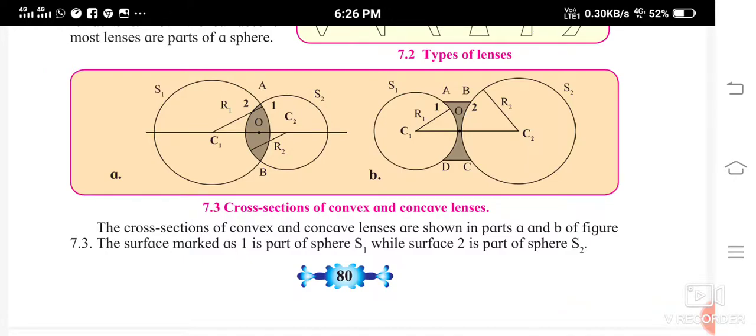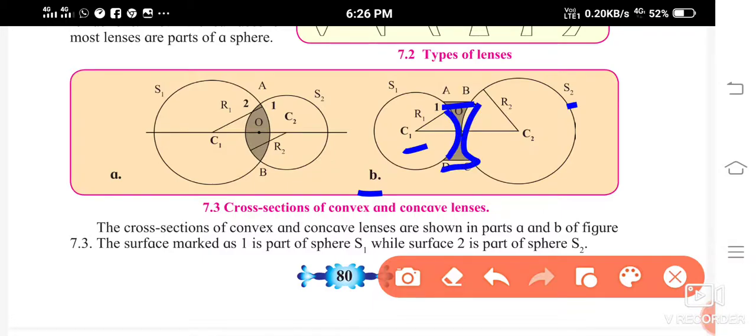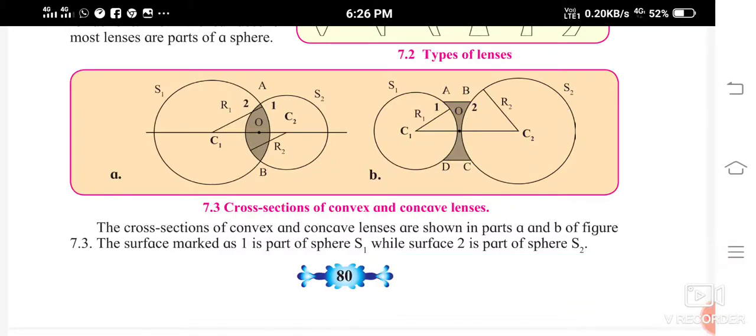Now here you can see in this figure, okay, in figure B, this is the sphere S1, that is the smaller sphere, and this is the bigger sphere S2. Now this part which is there, okay, you can see this is the shape of a concave lens.